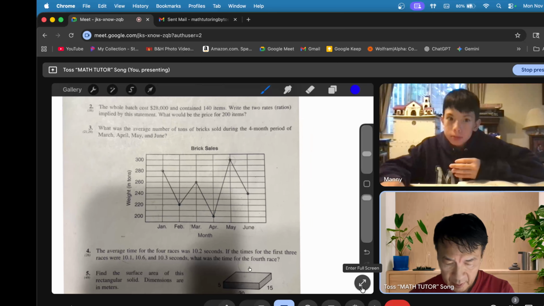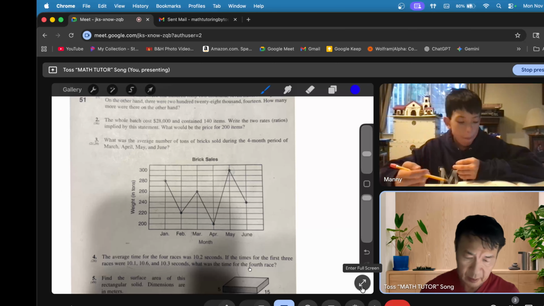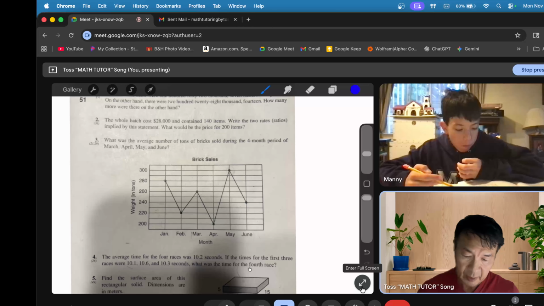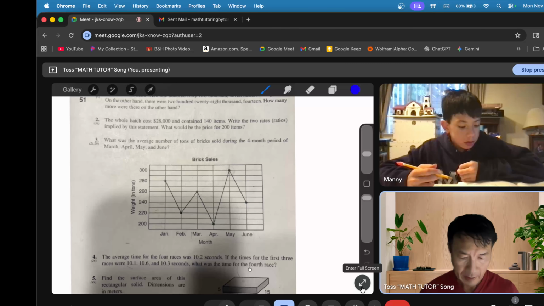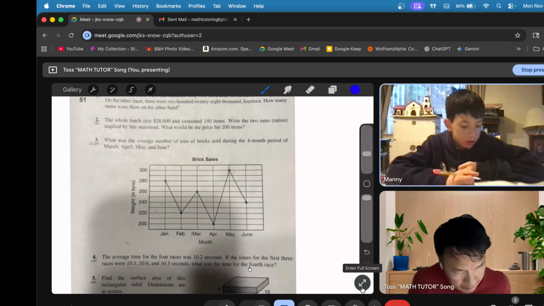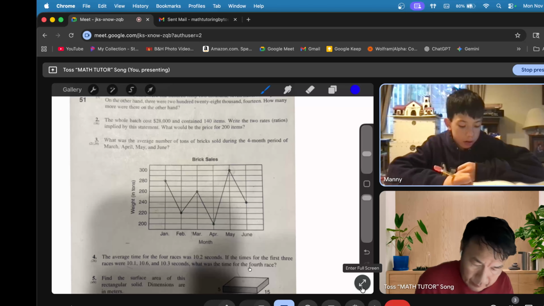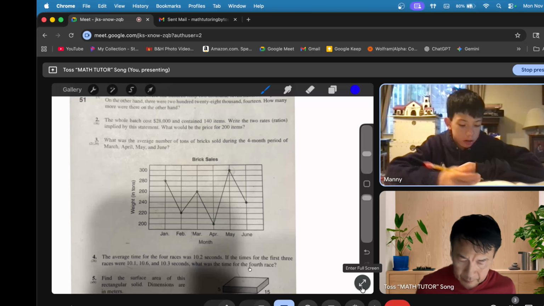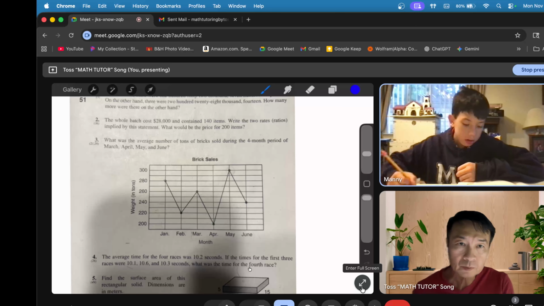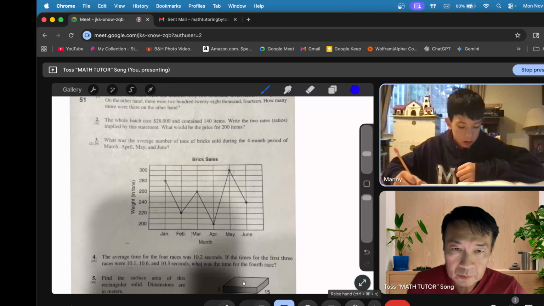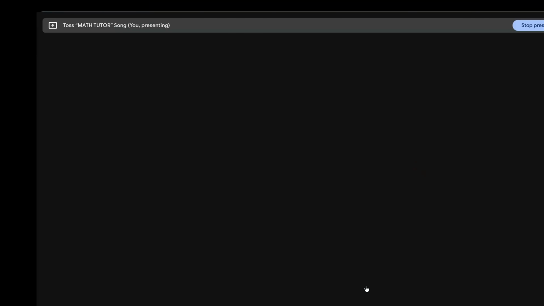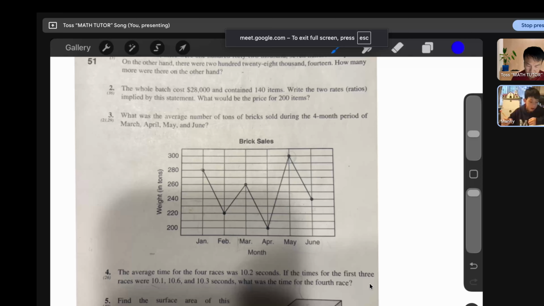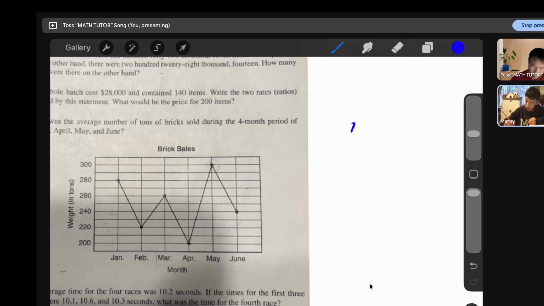Okay, so how do we do that? It's the average. If it's March, April, May, and June, so March is 260. April is 200. May is 300, and June is 240, and then you average it.